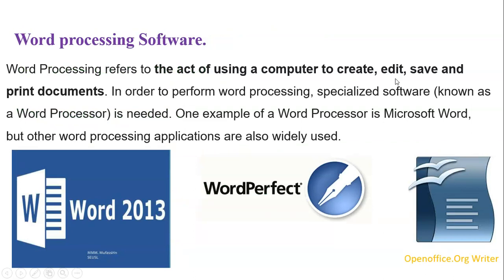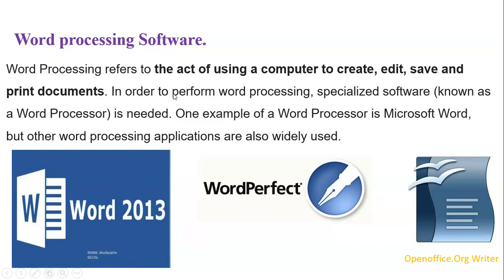Here you can see, word processing refers to the act of using a computer to create, edit, save and print documents. If you want to create, edit, save, print documents or data, we use word processing software.